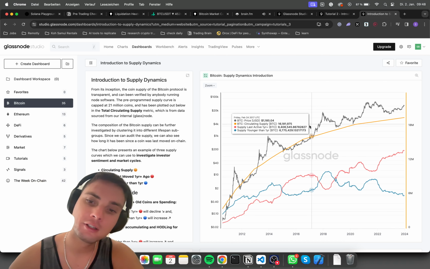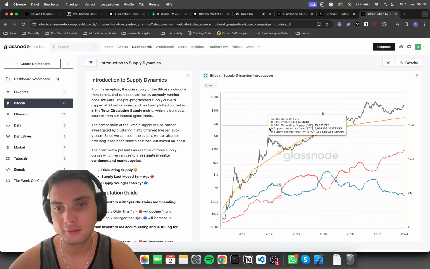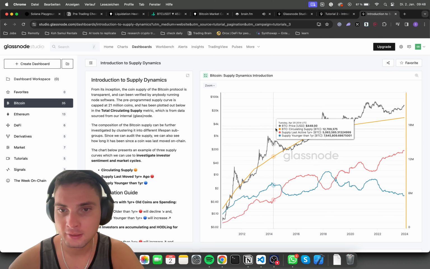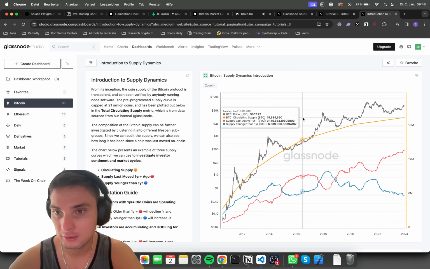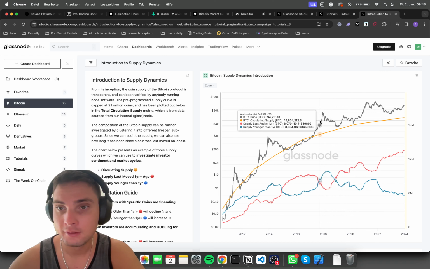Okay, so orange circulating supply is logical, it's just the miner rewards, and they increase the circulating supply since new bitcoins are mined.